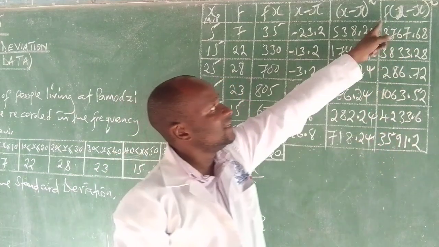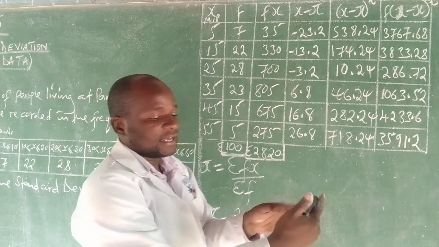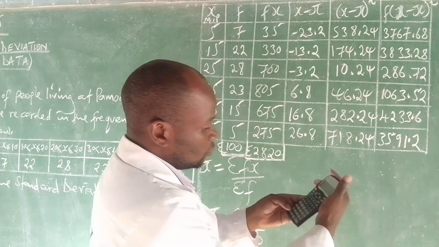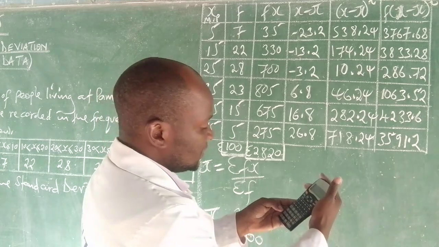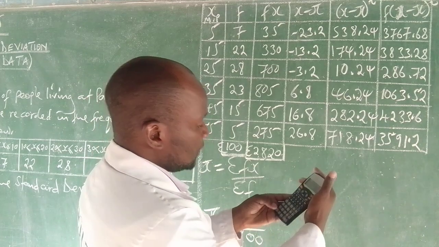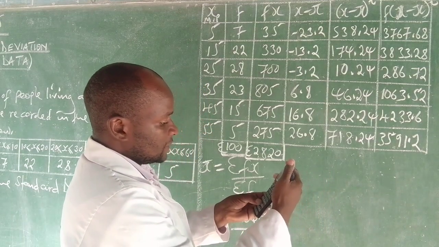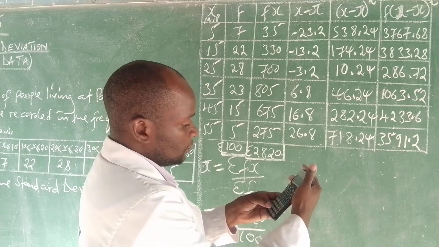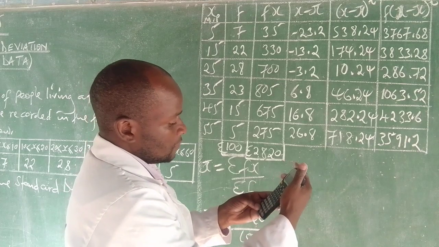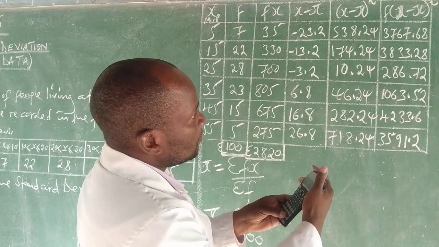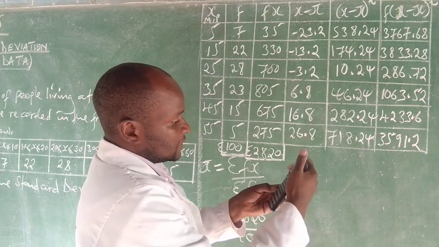So we are adding this plus that up to the end: this figure, which is already on the calculator, plus 4233.6 plus 1063.52 plus 286.72 plus 33.28 plus 3767.68.